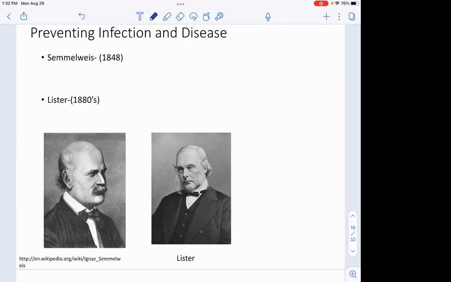Now phenol used to be kind of the gold standard for disinfectants. We don't use this hardly anymore. You know why? Really caustic. This really cut down on infection during surgeries, but for the surgeons that were washing their hands in phenol all the time, it made their fingernails fall out.